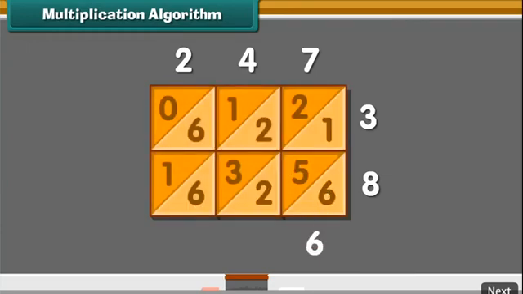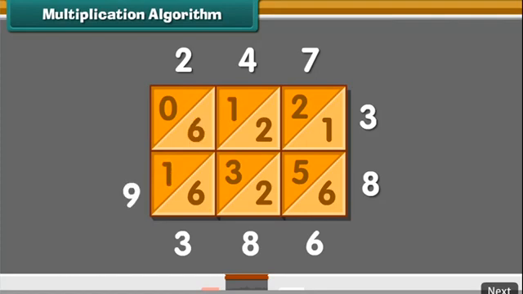Write 6 as it is. 2 plus 5 plus 1 is 8. 6 plus 3 plus 2 plus 2 is 13. We get a 2-digit answer. So, we just write 3 below and carry 1 in the next strip. 1 plus 6 plus 1 is 8.